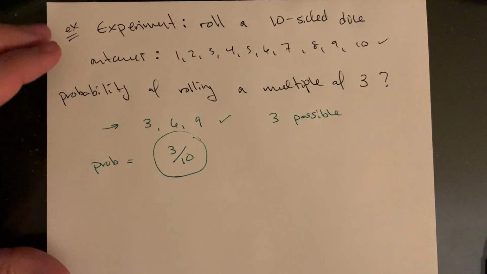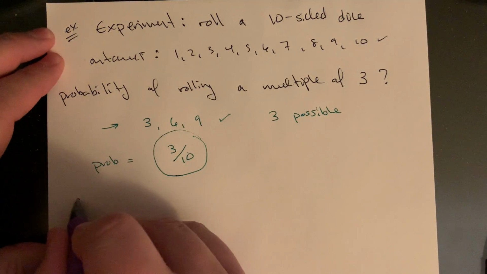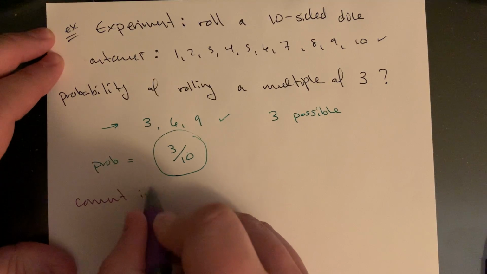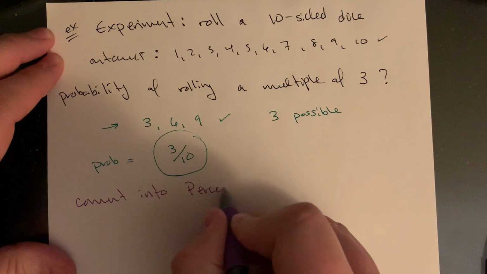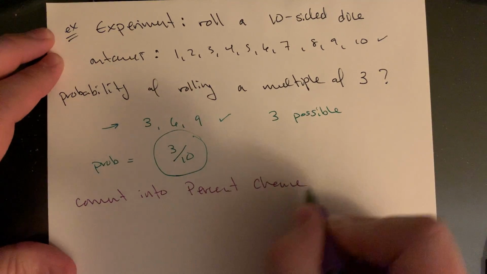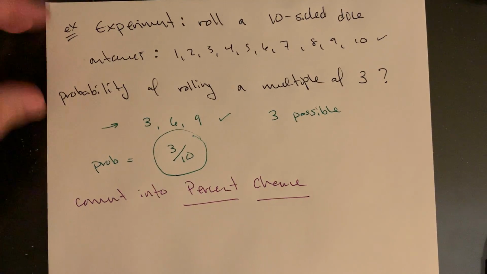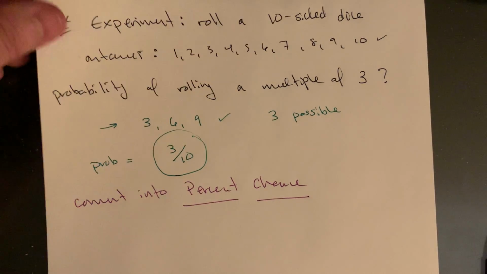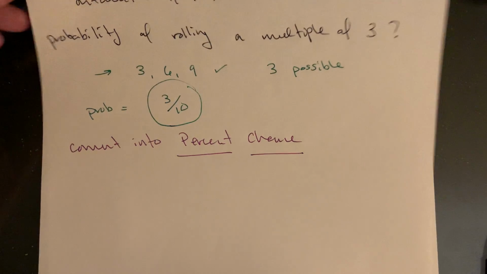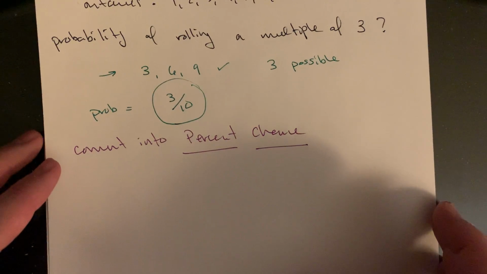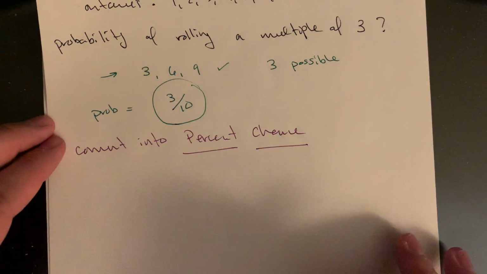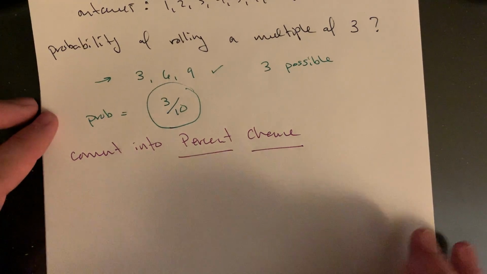And what we can do is convert that into a percent chance. That's literally just going to be the same percent conversion we did way back in 7.1, last week. Whatever, not that long ago.